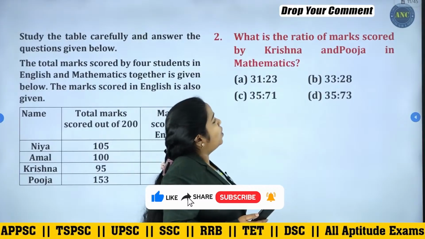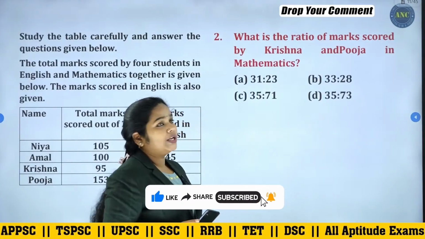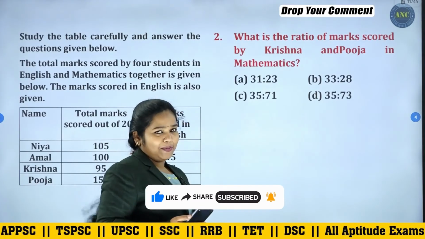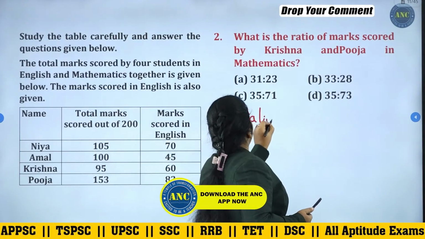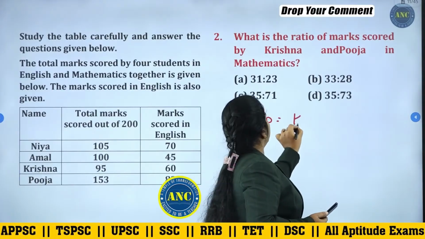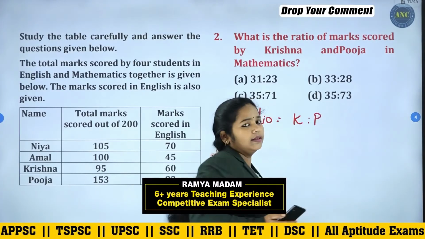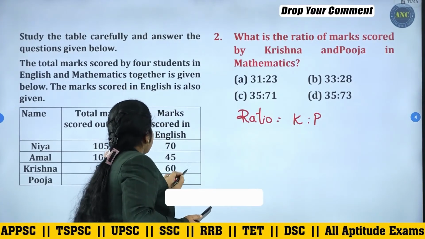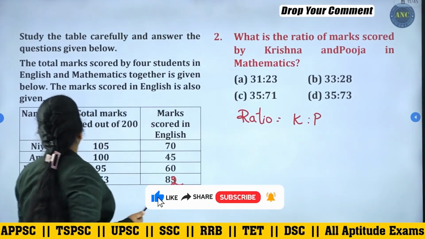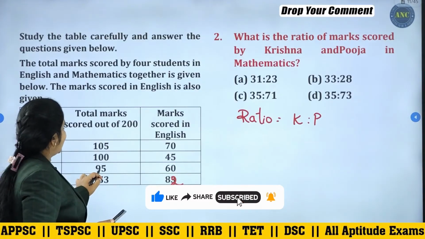What is the ratio of marks scored by Krishna and Pooja in mathematics? So, the ratio of marks scored by whom? Krishna and Pooja, they are asking. Okay. Right. First, see what are the marks scored by Krishna. Total marks is 95.